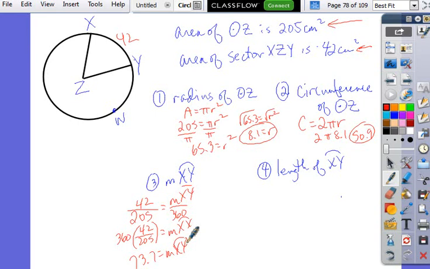Well, then it says length. Now, we hadn't been doing length on this stuff. That was something on the last one. How do I do a length problem? Our length over 360. Degree over 360 times what? What's the length part? 2 pi r.